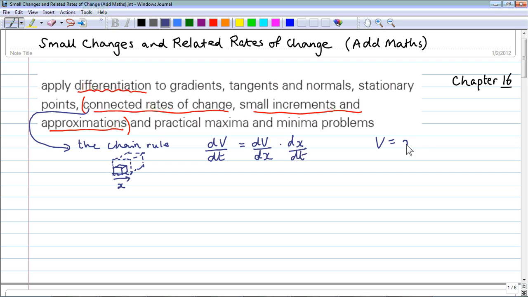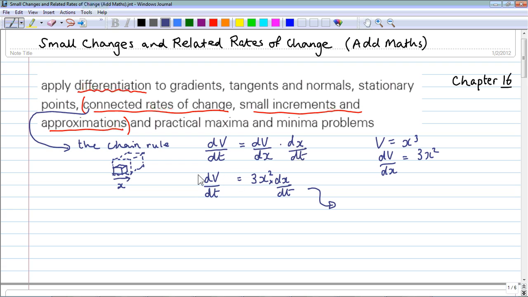Now volume is x cubed for a cube, so dv by dx is just 3x squared. So we see that at any particular point, dv by dt is equal to 3x squared times dx by dt. And it's worth noting, of course, that this equation could be rearranged.